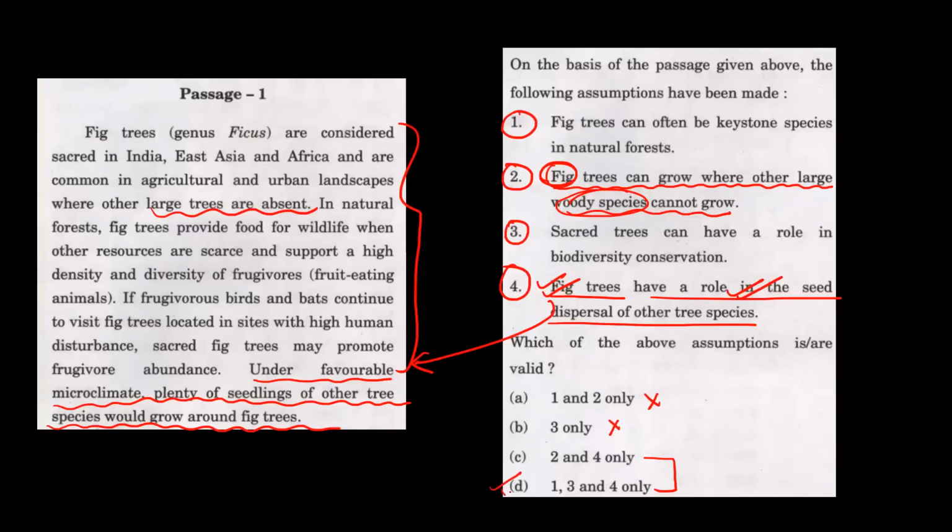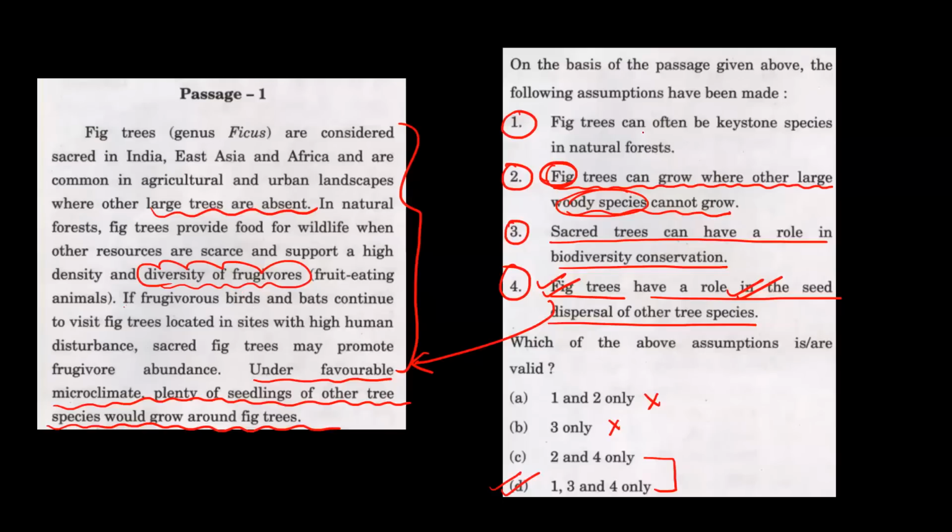The answer is 1, 3 and 4. You can just cross check 1 and 3 also. Sacred trees can have a role in biodiversity conservation? Yes, sacred trees have a role in biodiversity conservation. Why? Because we can see here the fig trees attract the frugivores, and the frugivores help in dispersal of seeds, promoting biodiversity conservation.